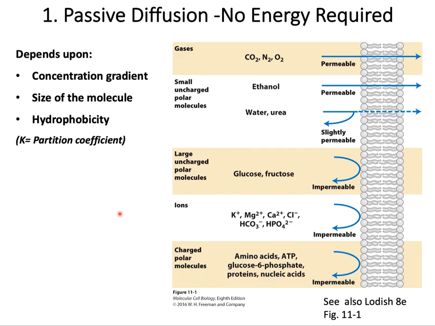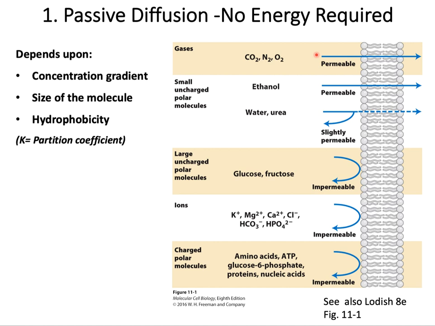Some substances move readily and rapidly across the membranes by passive diffusion. In this case, these substances are moving down their concentration gradient from high concentration to low concentration, so no energy is required. There are only a small group of substances that can cross a biological membrane, and these include the gases as shown in here.